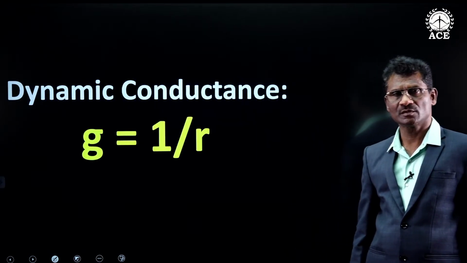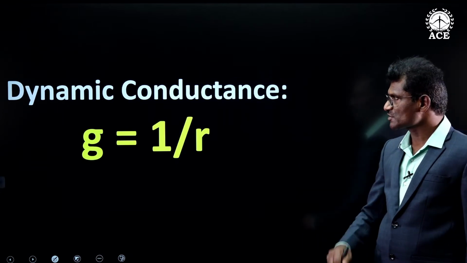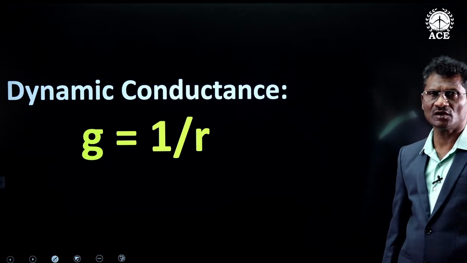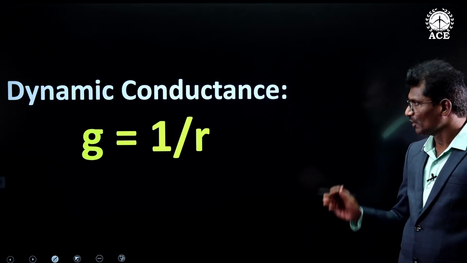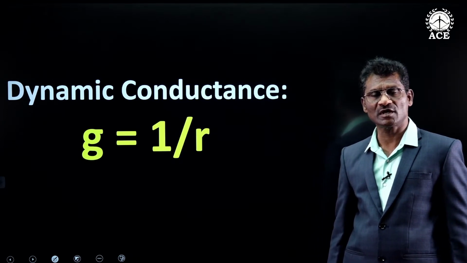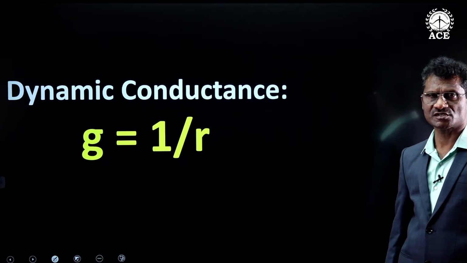Dynamic conductance by definition is 1 over dynamic resistance. This completes the derivation of static and dynamic resistance of a PN diode. This is also a very, very important question. It has been repeatedly asked in the university examination for about 4 marks or 6 marks.